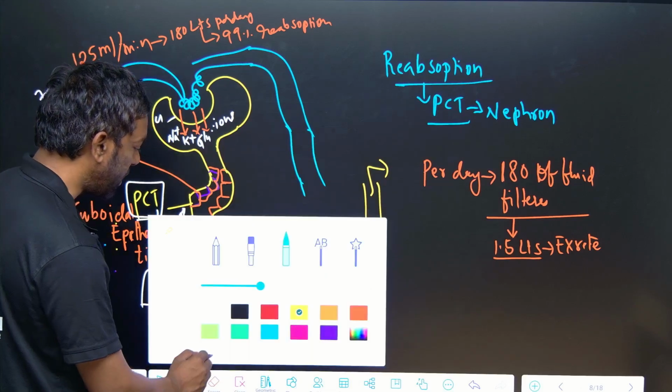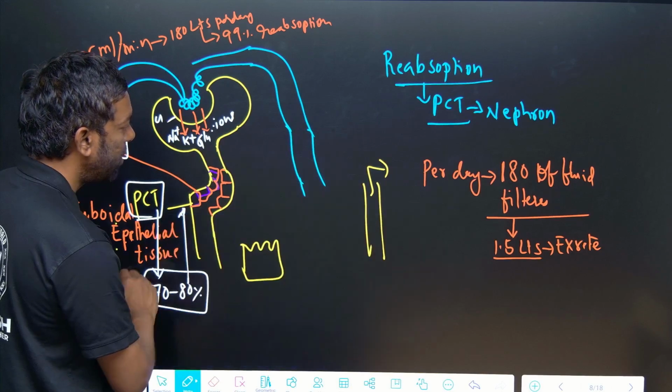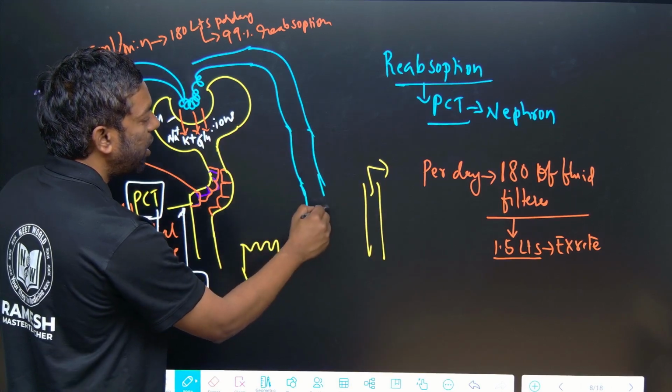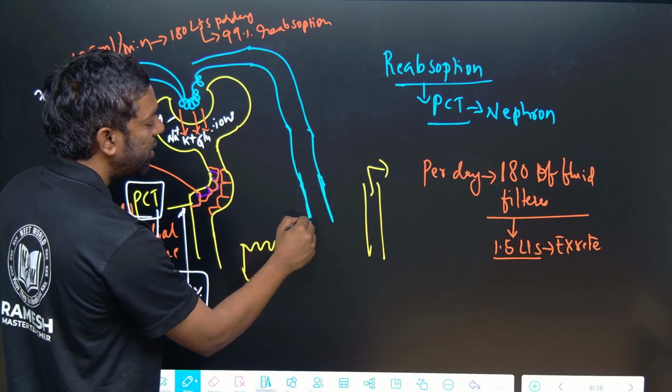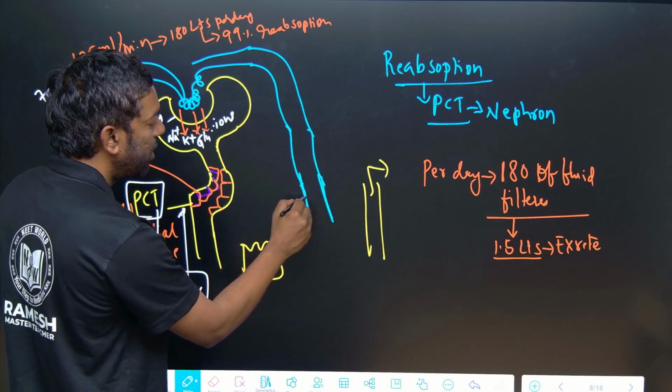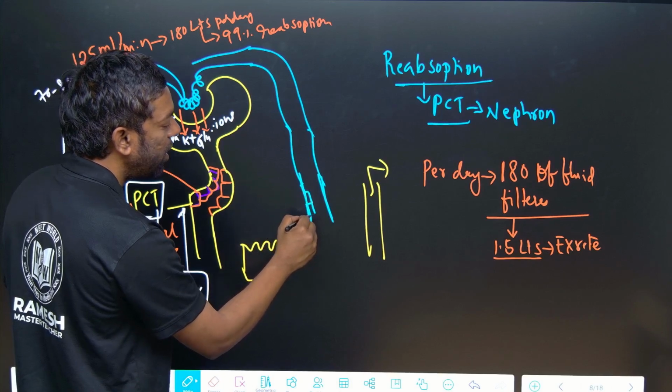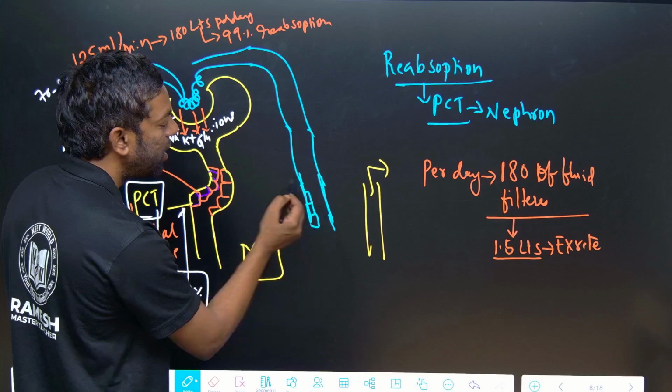On the other side there are endothelial cells. This part is what?